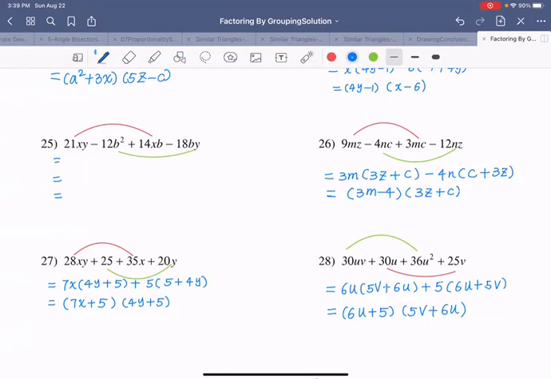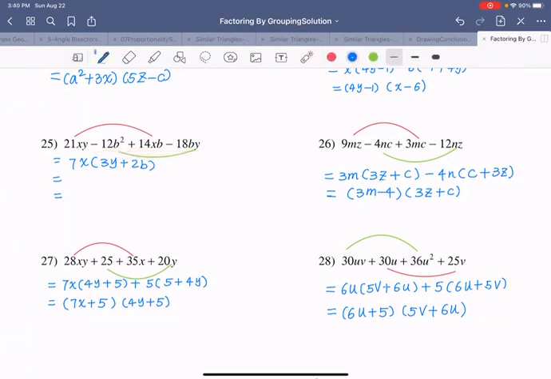21xy plus 14xb, you can take out the 7. Take out 7x, and then it will be 3y plus 2b. There you go. And for this term, what do you want to do?